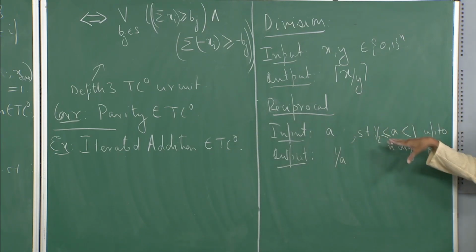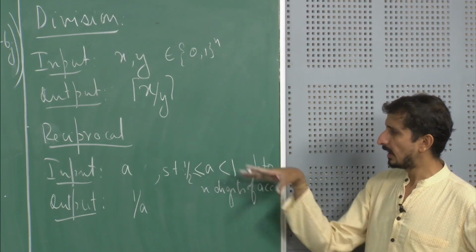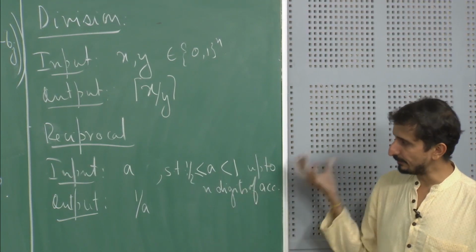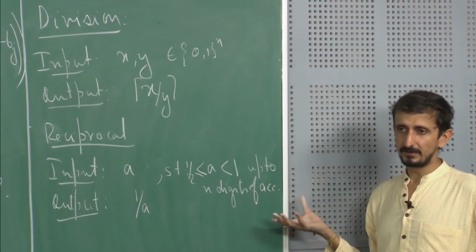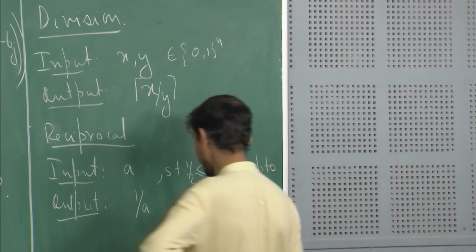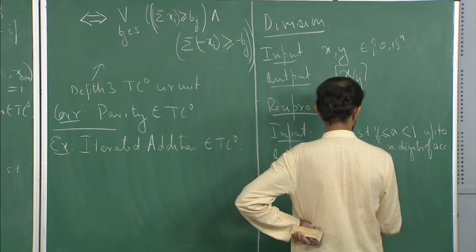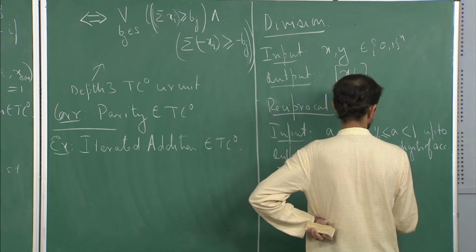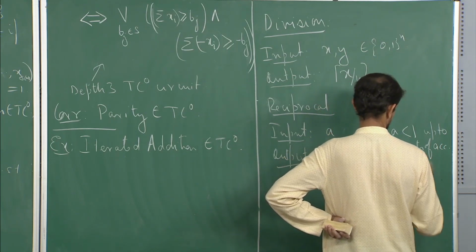Okay. So assume that A is a number between half and 1, and we are given A up to n digits of accuracy, and what we want to output is 1 over A up to the same accuracy.